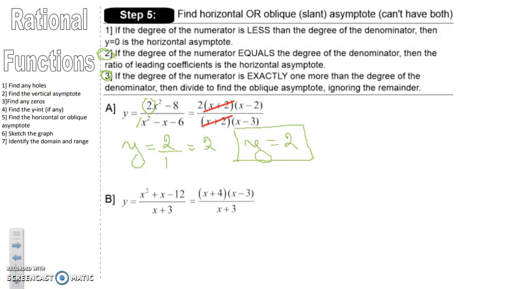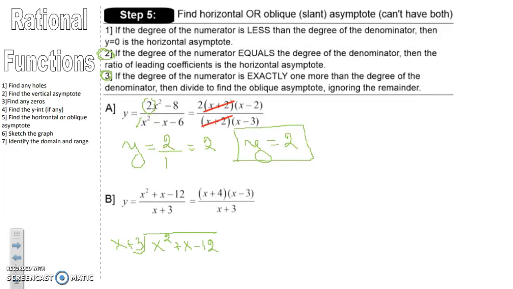We can complete either long division, in which case you would be dividing x squared plus x minus 12 by the denominator of x plus 3. Here, since x plus 3 is a linear function, I'm actually going to review synthetic division to show you that division process.